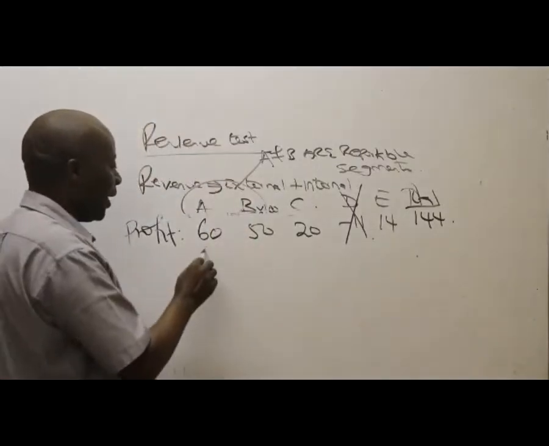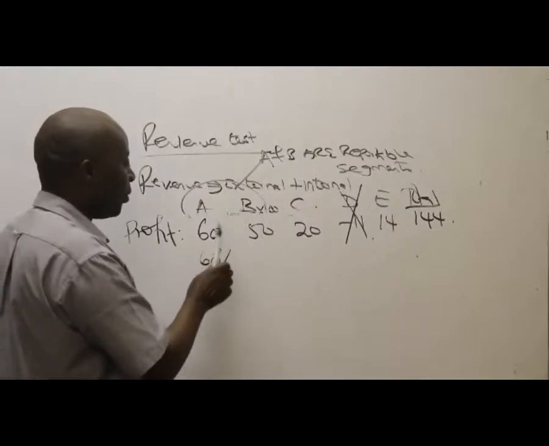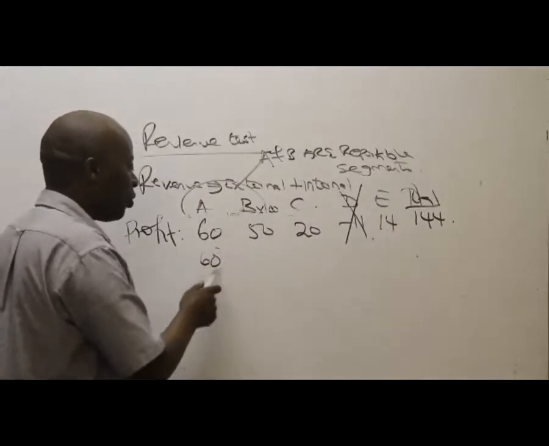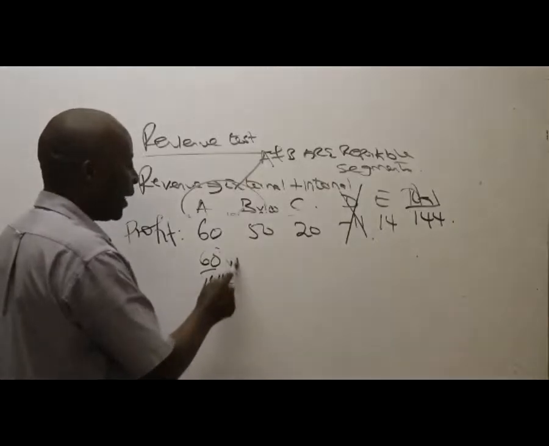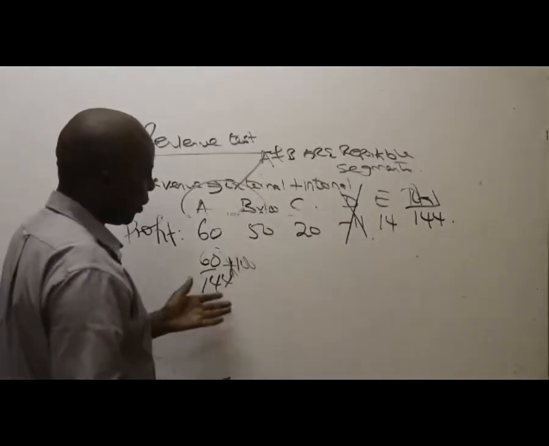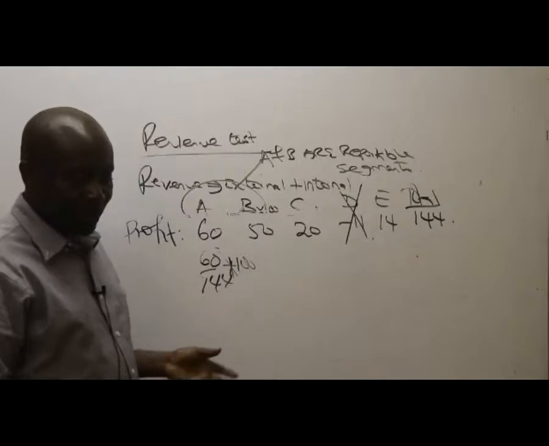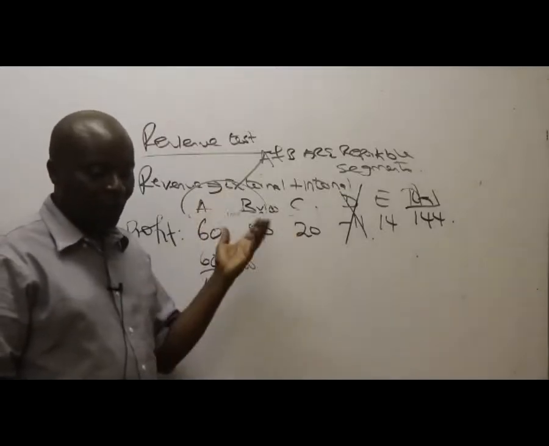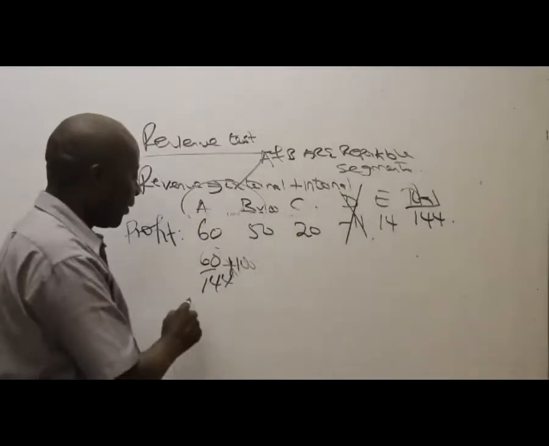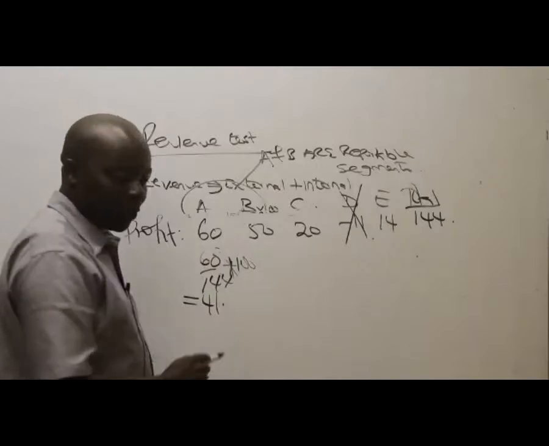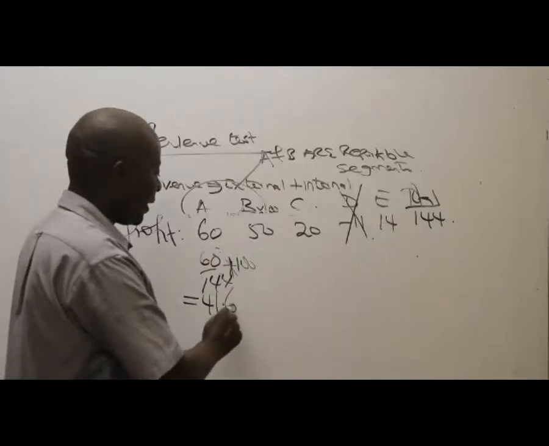So we start with A. A is 60%. No, not 60%. Look at me. It is 60 over 144 times 100. I was almost going wrong there. You guys would have also punished me. Shem tells me this is 41.67%. Thank you.